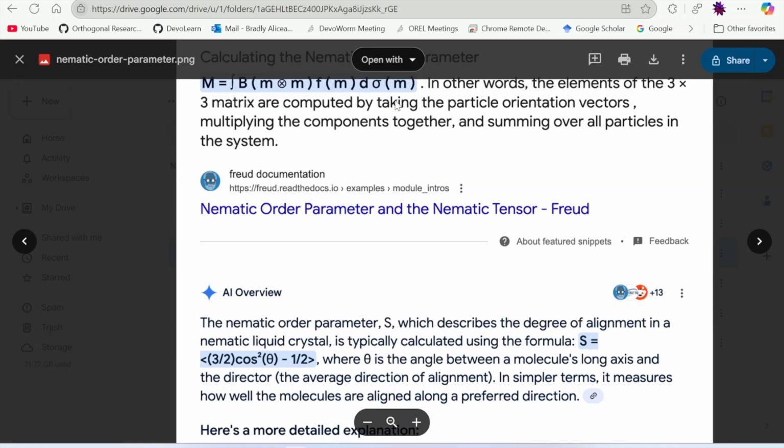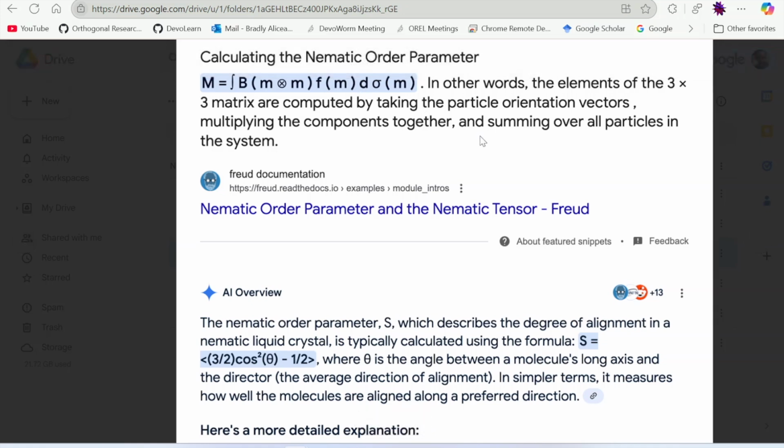Like most complex systems, where we want to know in a group of objects what their collective behavior is, we have an order parameter. This is the equation we use to calculate the nematic order parameter. I just took this AI overview, but it's largely from the Freud documentation on Read the Docs. This is basically the elements of a 3x3 matrix, where we take the particle orientation vectors, which have some heading, and multiply the components together.